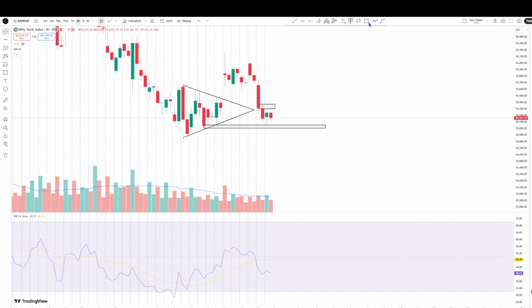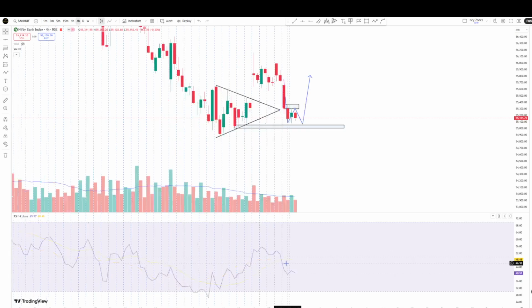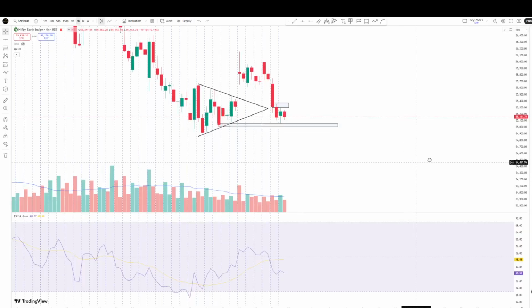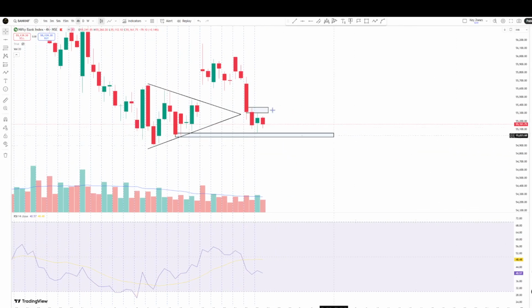This is more looking like a double bottom in the 4 hour time frame. The RSI is also supporting it, but the options data can't conclude in Bank Nifty. Things are very tricky here. Let me just remove all this.